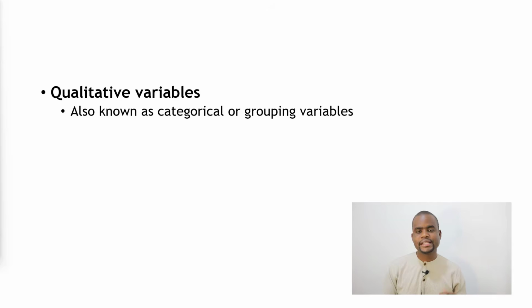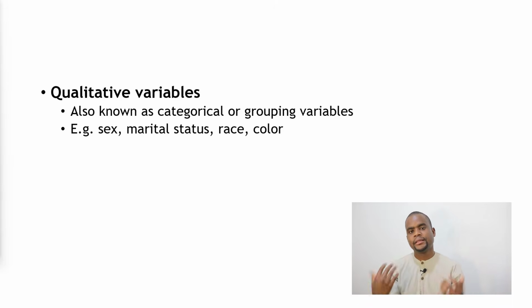If you have sex, you have people who are male and people who are female. If you have race, you know the categories that we put people under in terms of race. Because we put people into categories in qualitative variables, in most cases these are also known as categorical or grouping variables. Now the question could be, why is it important for us to understand the different types of variables?